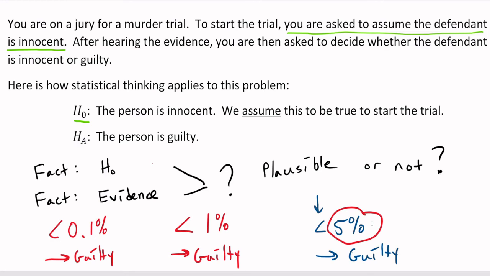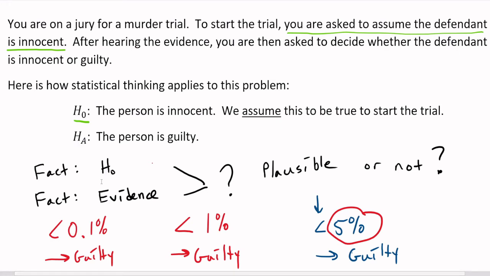And that's very important. So if you choose this cutoff, 5%, then what you're saying is, I'm okay with basically a 5% chance of this person being innocent given this evidence. I'm saying, like, I'm okay with that being the percentage chance that really they are innocent for me to say guilty.